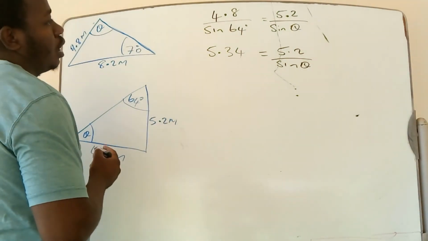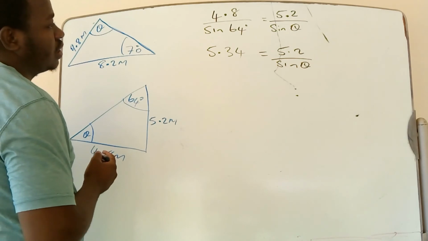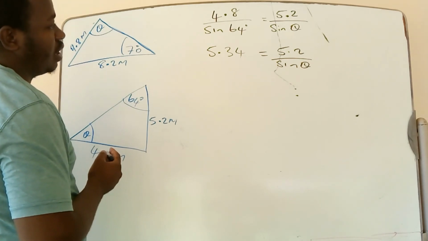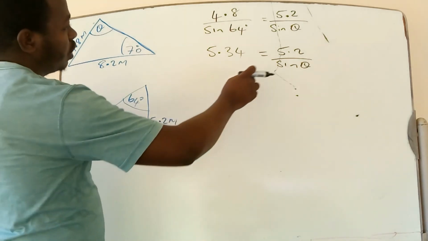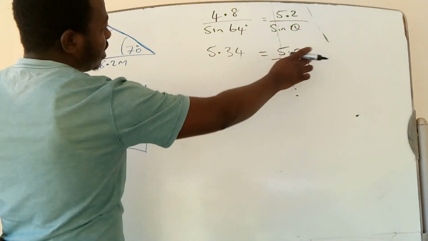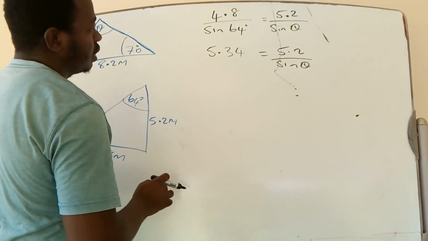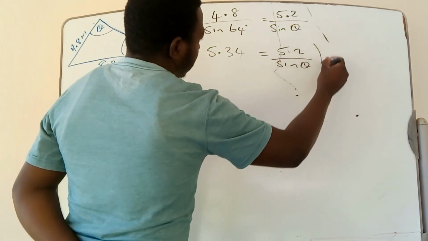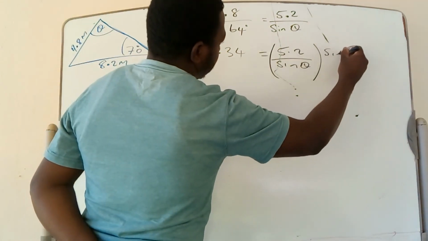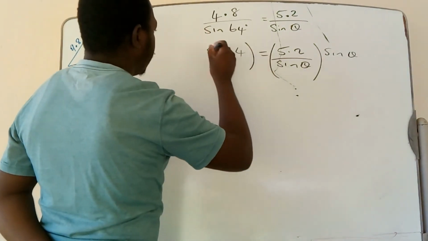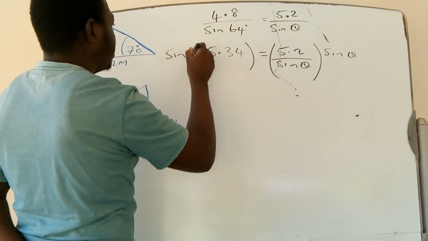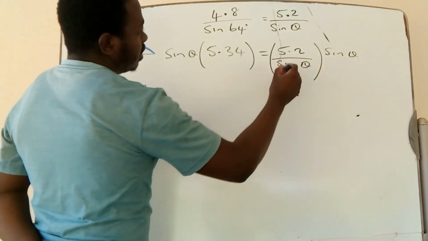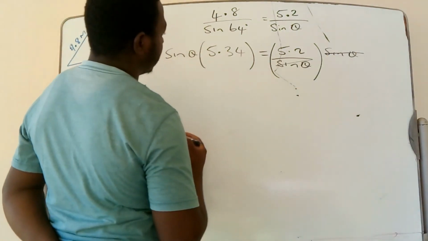Now, how are you going to get sine theta by itself? You can multiply both sides by sine theta, and then sine theta is going to cancel out sine theta.